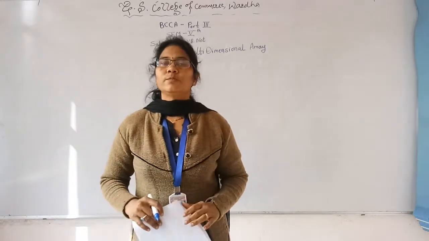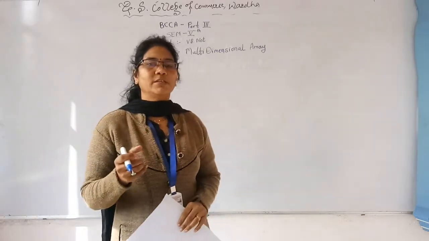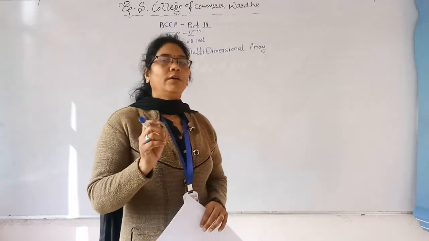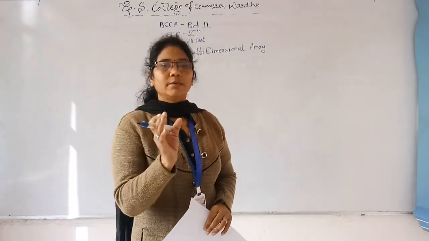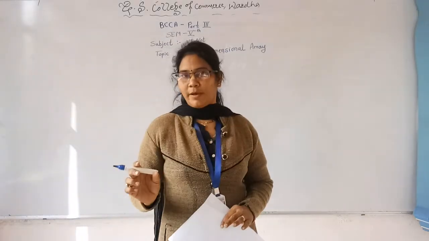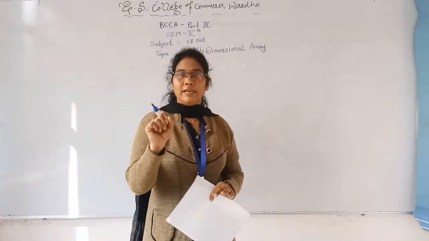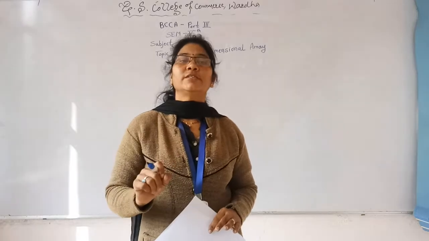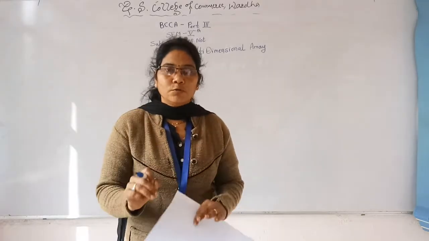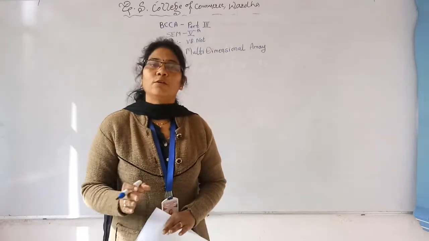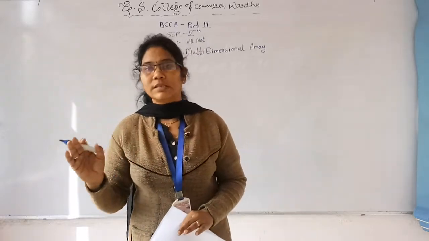So the basic question is why there is a need for a multi-dimensional array. An array is nothing but storing values in a sequential manner. A single dimensional array creates one row for storing the elements, whereas a multi-dimensional array is used to store elements in a tabular format, but of the same type.